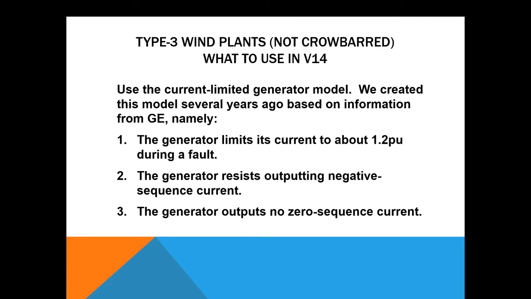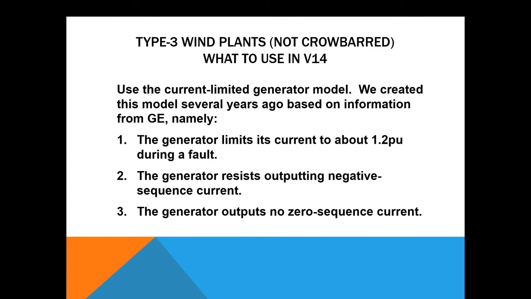machines work mainly from GE, and there are three items here. First, the generator limits its current to roughly 1.2 times full load current during a fault. Secondly, the generator resists outputting negative sequence current. You say, well, why is that?